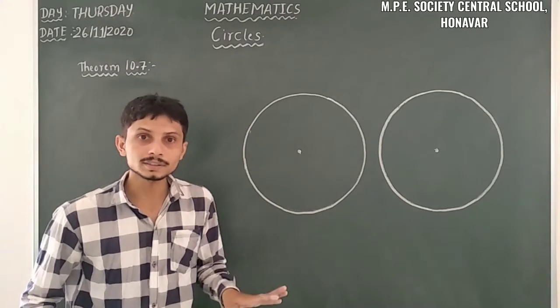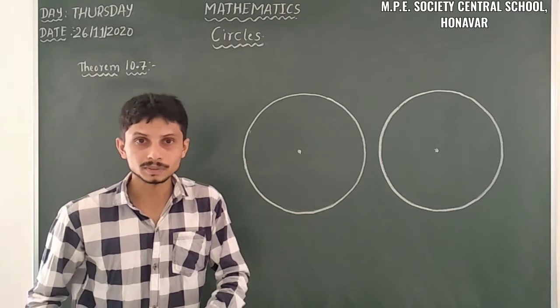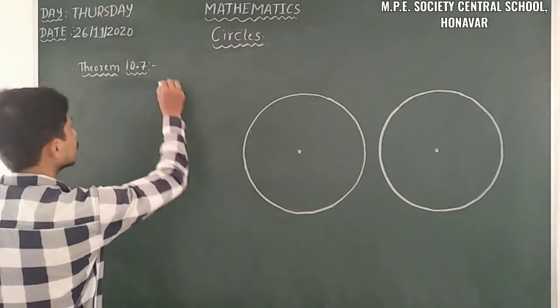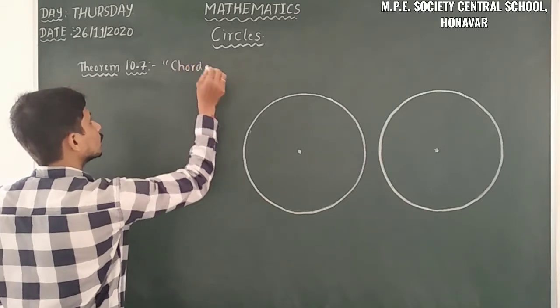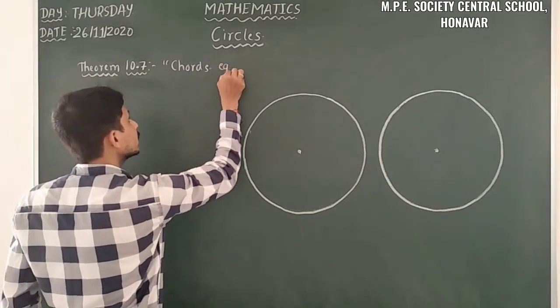So let us take the statement of theorem 10.7. Chords equidistant from the center of a circle are equal in length.